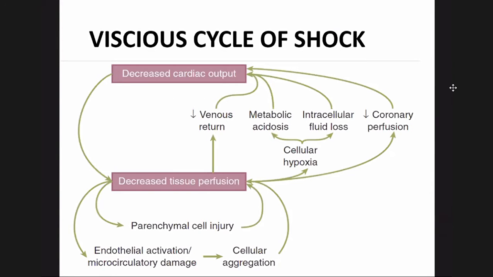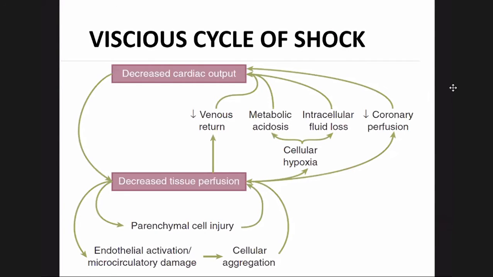So we have the vicious cycle of shock. Microcirculatory dysfunction, parenchymal tissue damage, and inflammatory cell activation can perpetuate hypoperfusion. Ischemia-reperfusion injury will often exacerbate the initial insult.